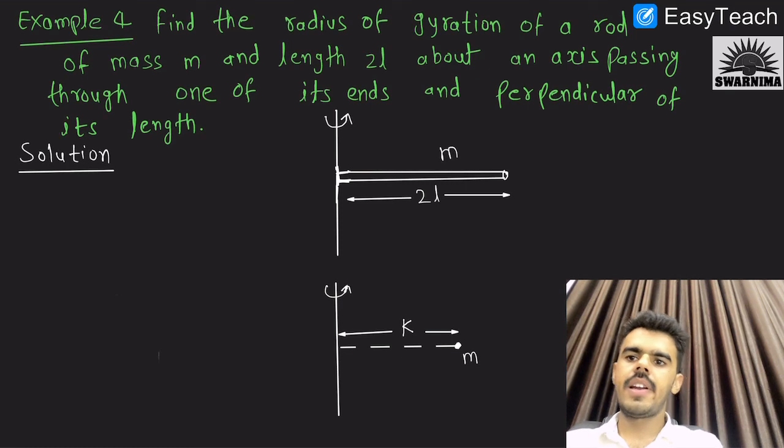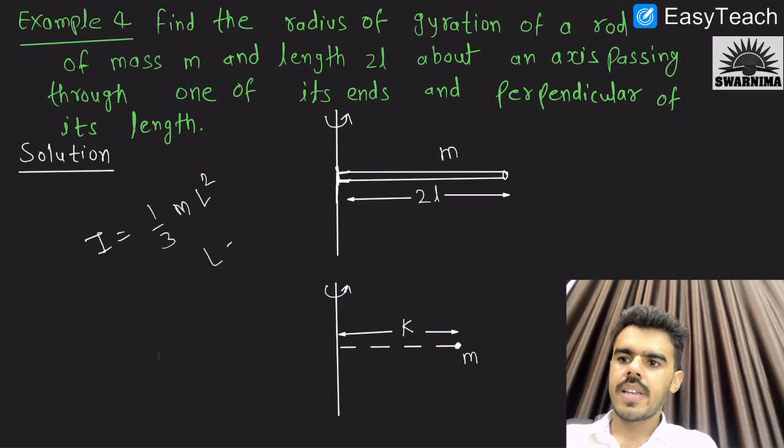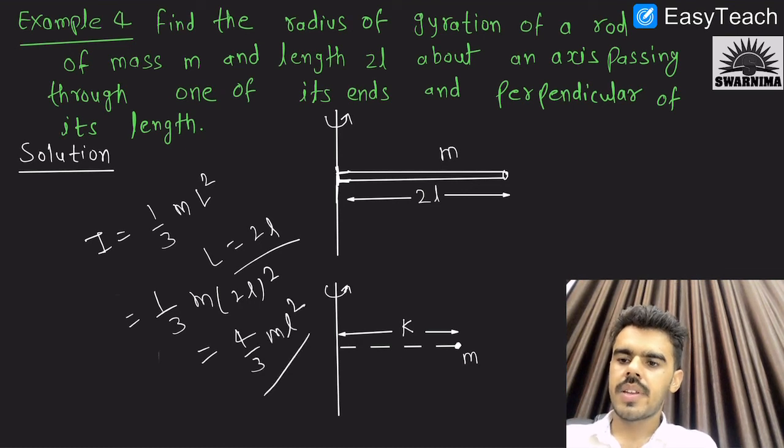So first we find the moment of inertia of this system about this axis. So I is equal to 1 by 3 ml square. Here L is equal to 2l. So I is equal to 1 by 3 m into (2l) square. So it becomes 4 by 3 ml square.